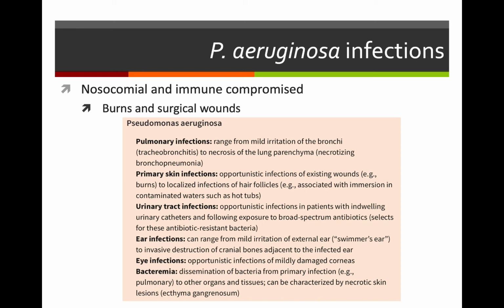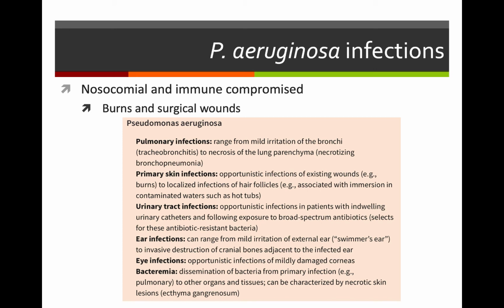In a burn wound, as little as 10 bacteria can be in a burn wound and lead to death of the patient. So burn wounds are really just a type of wound that makes a patient much more susceptible to infection. So if you find yourself working in some sort of emergency medicine, any sort of burn unit, you have to be just so careful to prevent your patient from getting an infection.